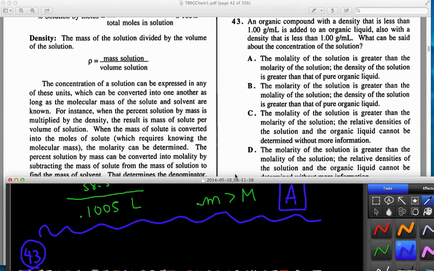An organic compound with a density that is less than 1 gram per mil is added to an organic liquid, also with a density that is less than 1 gram per mil. What can be said about the concentration of the solution?